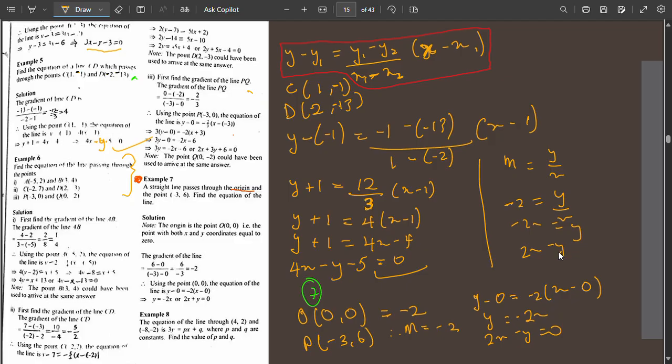Wait. The gradient is -2. If you cross multiply, you get 2x, y plus 2y. Wait, it's not working. I think this approach is wrong. Wait, why is it wrong?